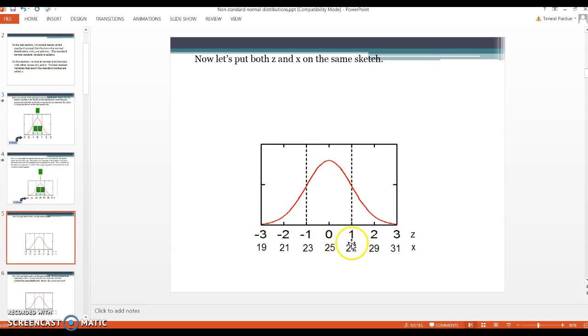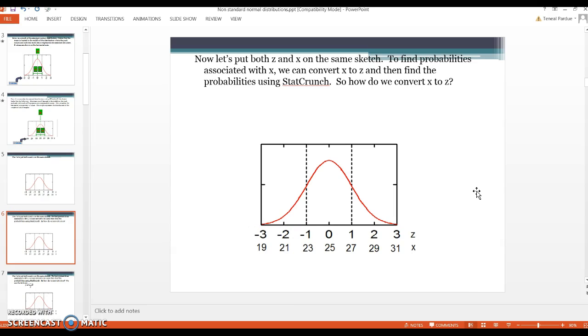An x of 27, that's 1 standard deviation above the mean, is equivalent to a z of 1. Okay, so z actually represents, and this is an important interpretation, the number of standard deviations above or below the mean an observation is. So this 27 is 1 standard deviation above the mean. 23 is 1 standard deviation below the mean, so it has a z of -1, etc.